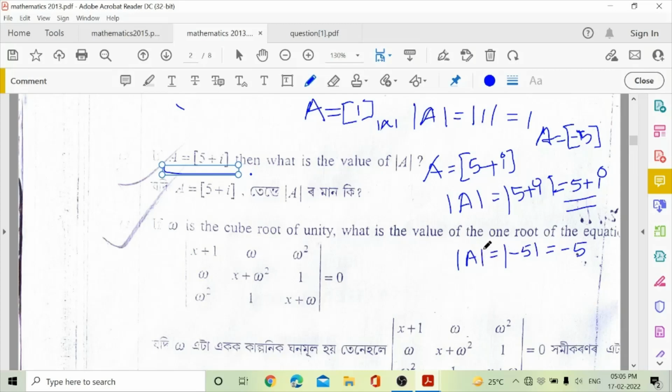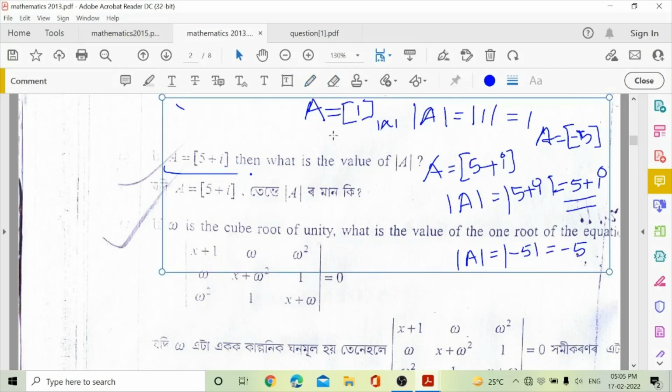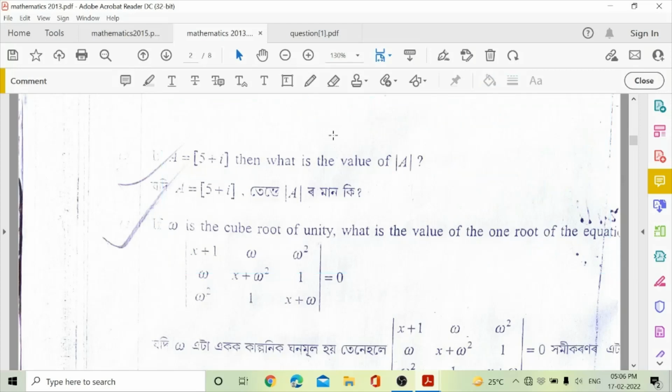It is not modulus, so that it would become positive. It is a determinant, that's why the element will remain the same. So what is the answer then? We have got the answer is 5 plus i. This is the answer.